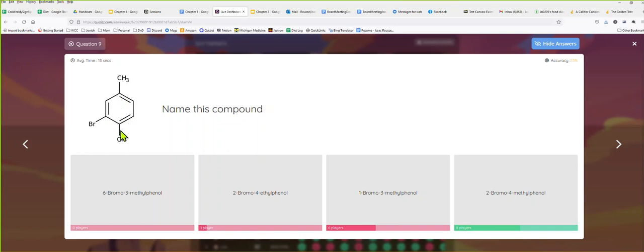You've got the benzene ring with the OH. And so for it to be 1-bromo-3-methyl, you'd have to start... Oh, I see. People started counting here and went around. Yeah, that's how I was testing that. That you always start with the OH group. So something to keep in mind.